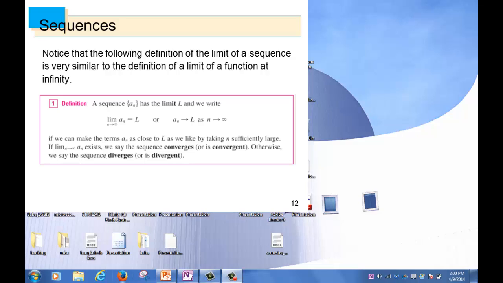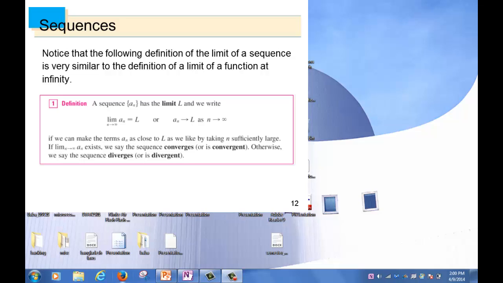Divergent sequence means the limit doesn't exist. Everybody's clear? If the limit doesn't exist, it's not a number, then it's a divergent sequence. If the limit of the sequence exists, then we say that it's a convergent sequence. Everybody is okay with that? Convergent versus divergent.